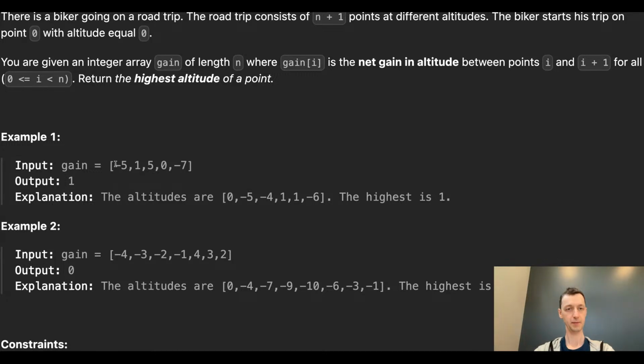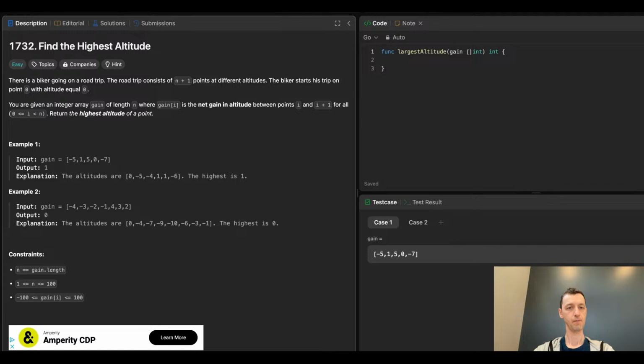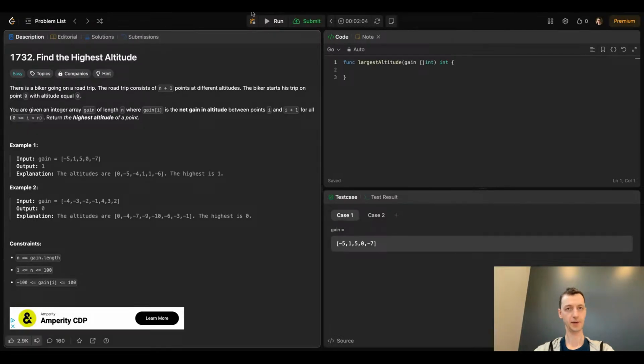In this example, -5. So what that means, on this road, the net gain is -5. -4. The highest is 1. I don't exactly understand. I feel so stupid now.